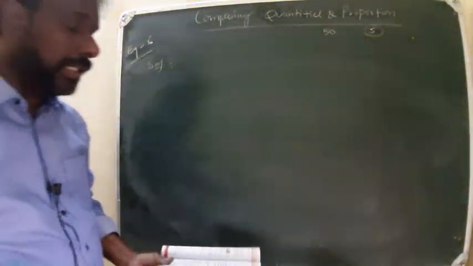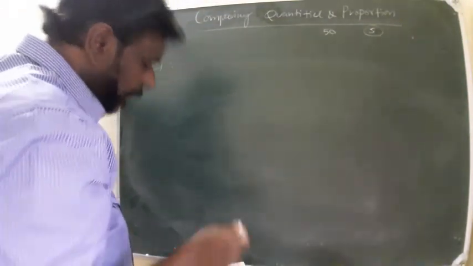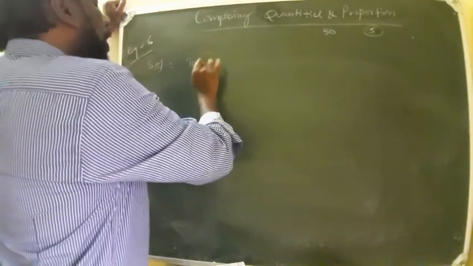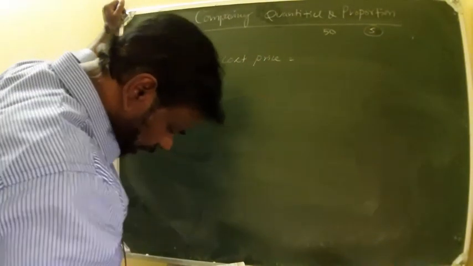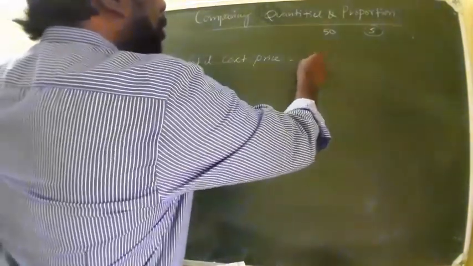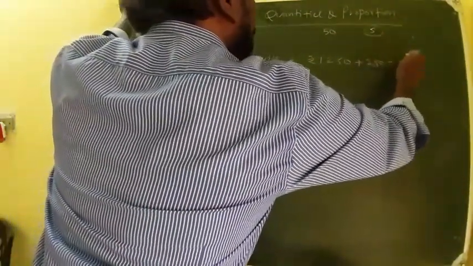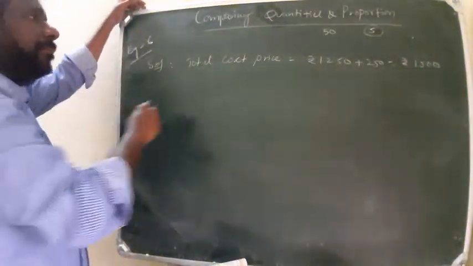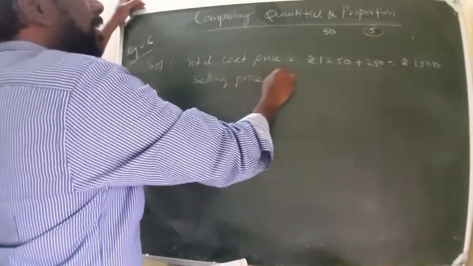So here solution, totally how many dozens bananas are there? 50 dozen, but 5 dozens are spoiled, only 45 dozen bananas he sold. So total cost price is equal to rupees 1,250 bananas cost and transportation rupees 250, total 1,500. Selling price of the bananas.